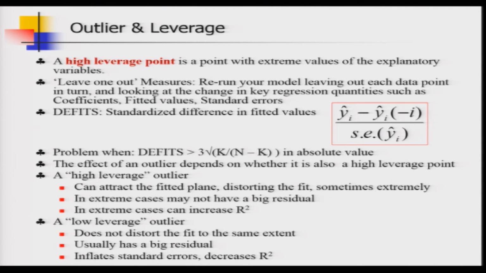In that case, that observation does not distort the fit to some extent. Usually it has a big residual and it inflates the standard errors. So, it decreases the R square value. Note that here I have given you a very simple introduction to leverage.